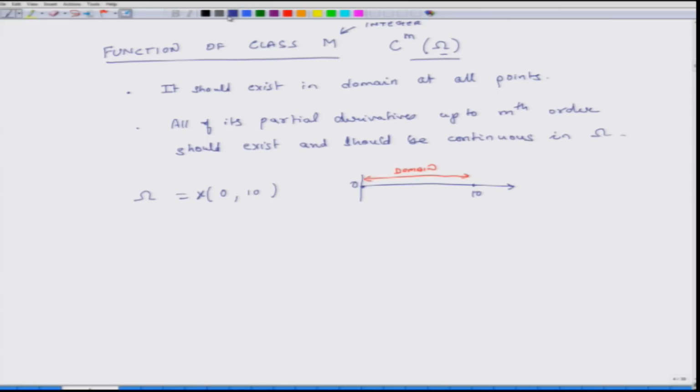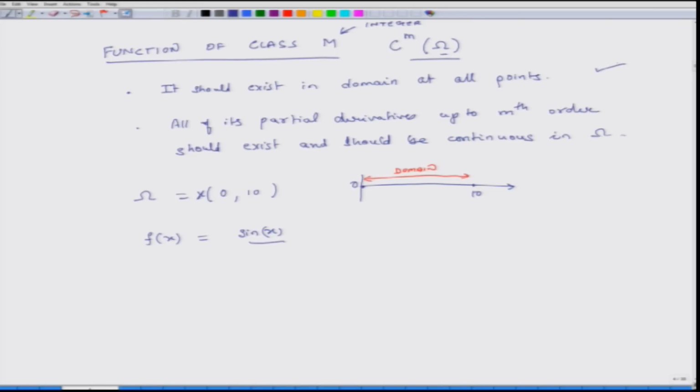And then I have a function, let us say it is equal to sin of x. So, I see that sin of x is well defined, it exists at all the points between 0 and 10.